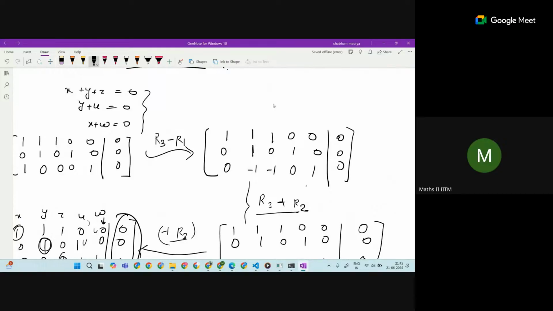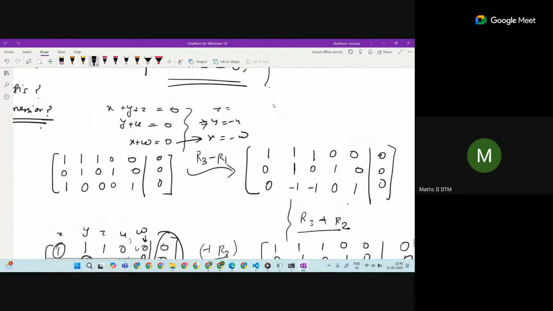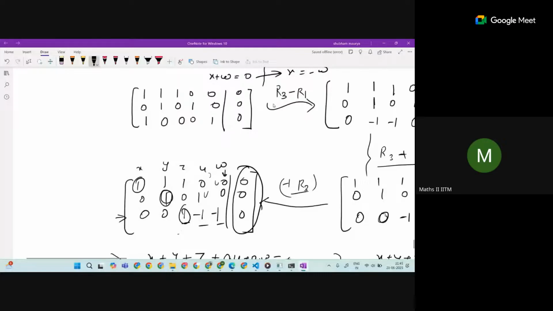From here you will get x equal to minus w, y equal to minus u, and then finally you can get z, in that form. It's totally a good thing, yeah. So why am I doing this? There is no meaning in it even.